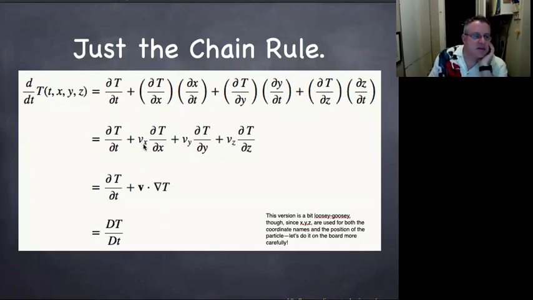Okay, look at this. There's vx times the x partial derivative, vy times the y partial derivative, vz times the z partial derivative. Hey, look, that's partial temperature with respect to time plus v dot grad of temperature. And that's just the material derivative.